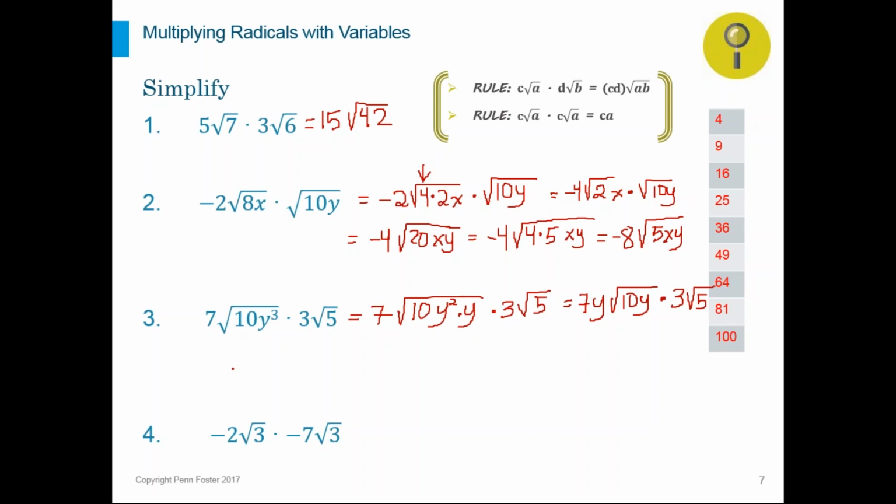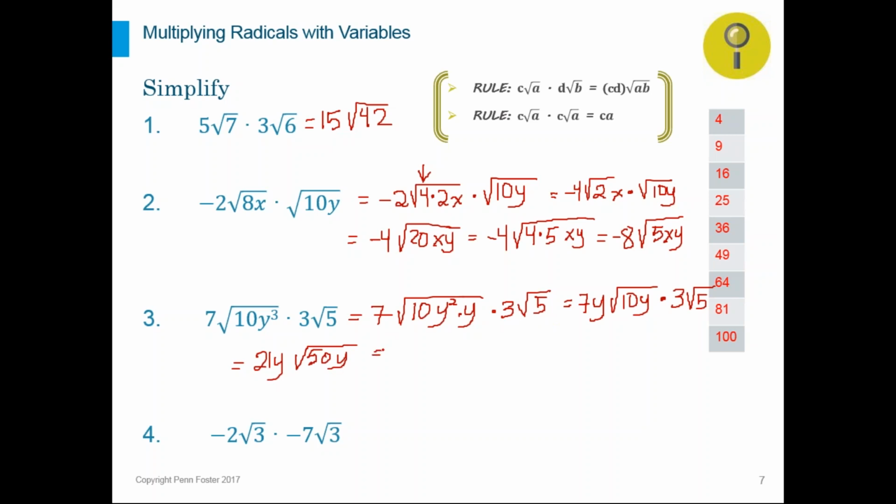Okay, since everything is in simplest form, I can go ahead and multiply. 7 times 3 is 21y, because I have a y here with a 7. And then I'm going to multiply 10 times 5 is 50, and I have a y.